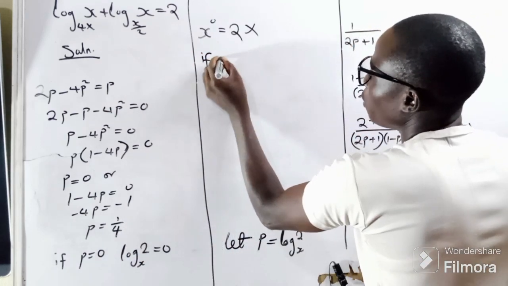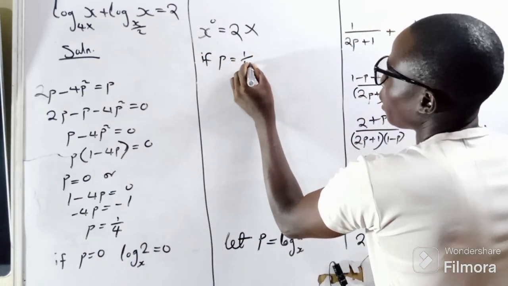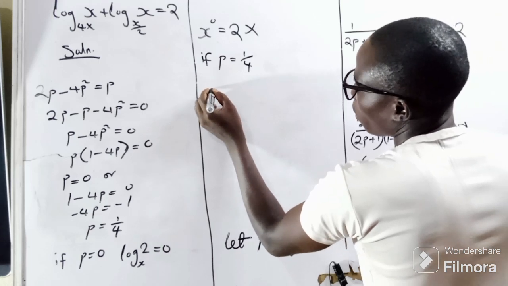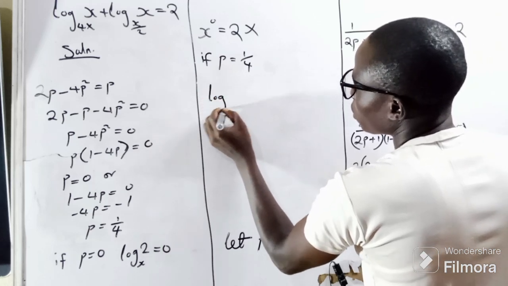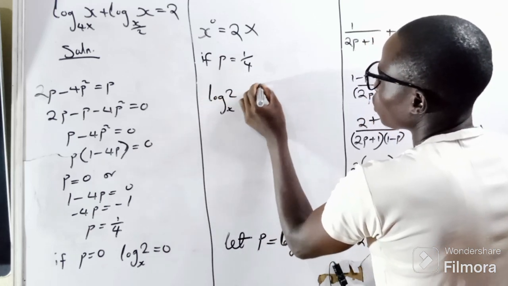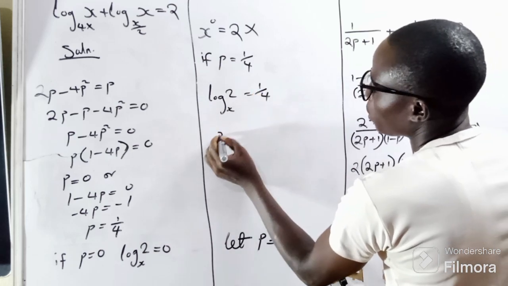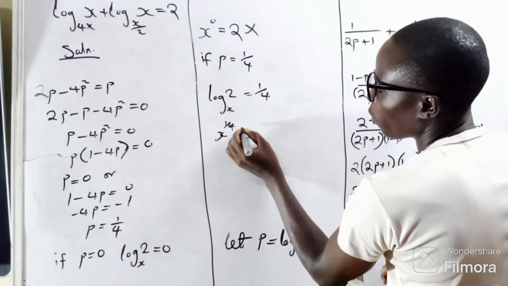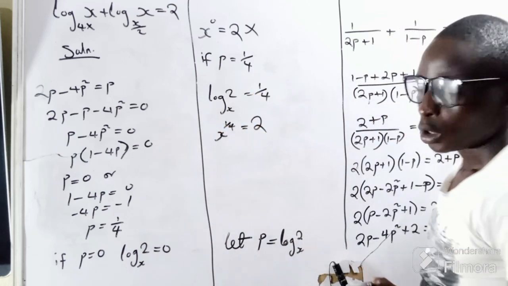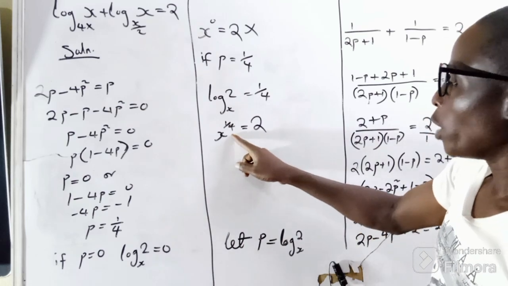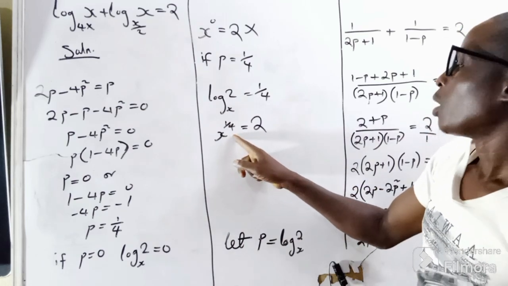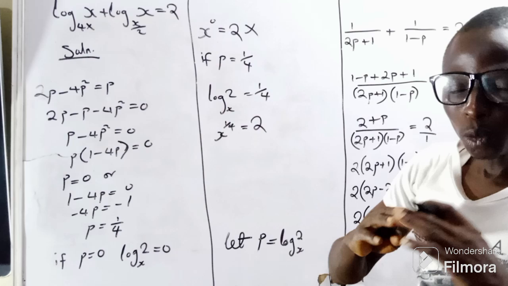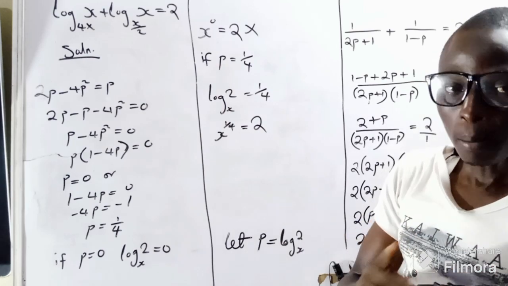That means if p is equal to 1 divided by 4, that means log to base x of 2 is equal to 1 divided by 4. So that means x to the power of 1 divided by 4 is equal to 2. I'm looking for x, so I need to multiply the power of both sides by 4.